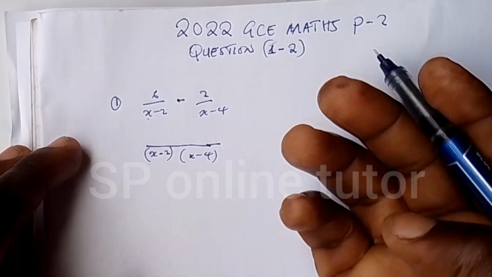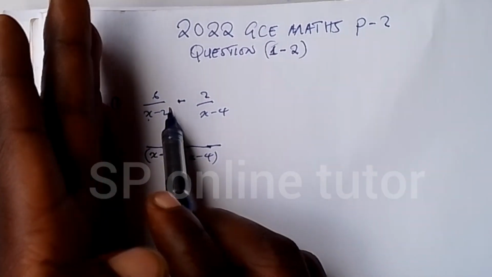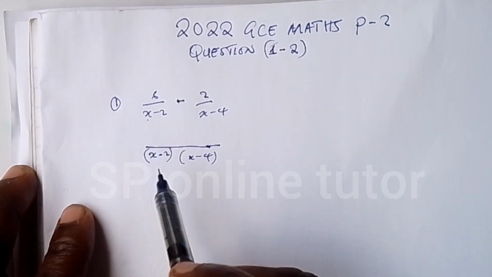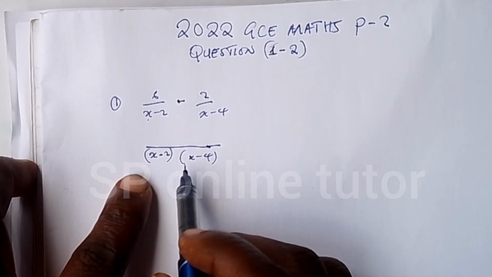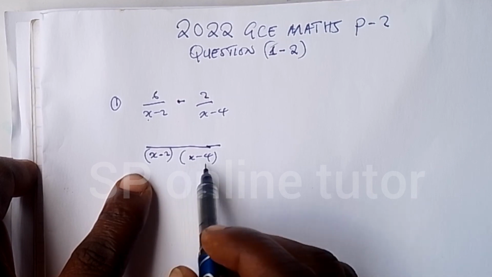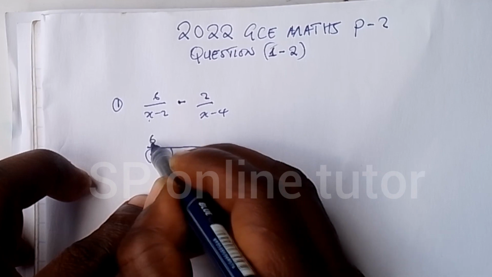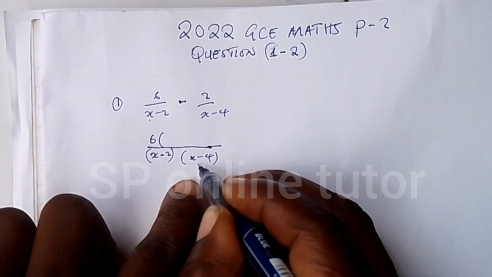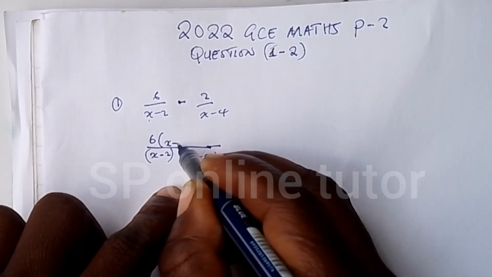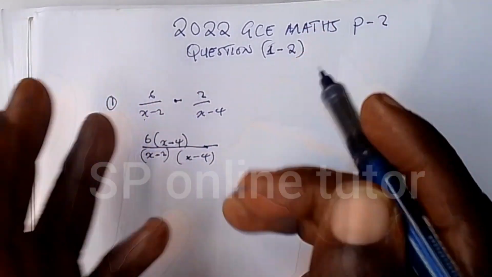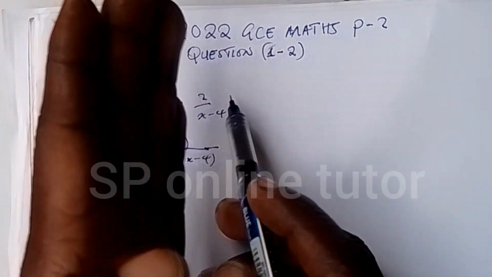Then what we have to do now, we have to start with the first part, okay? X minus 2 into x minus 2, we are going to remain with this term x minus 4. So this term we are going to multiply by 6. So we are going to write 6 here, then open bracket, you write x minus 4, okay? Then you move to another step. We are done with the first part, okay?